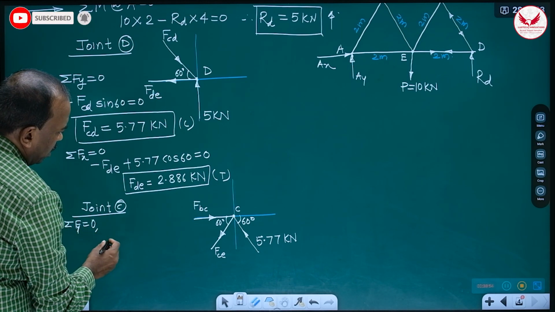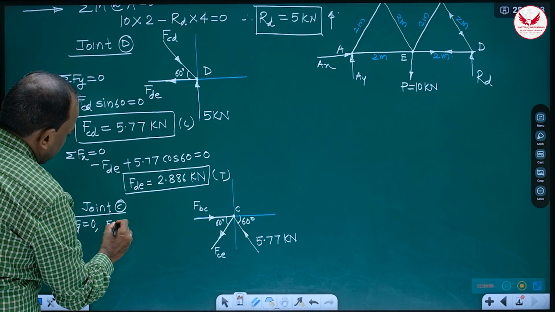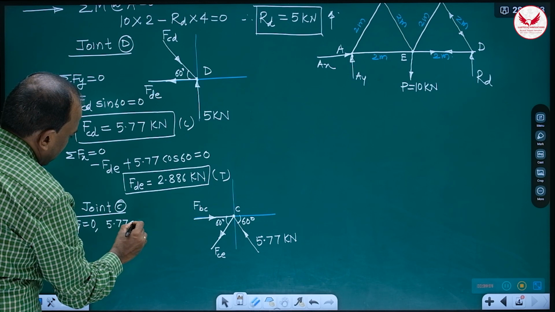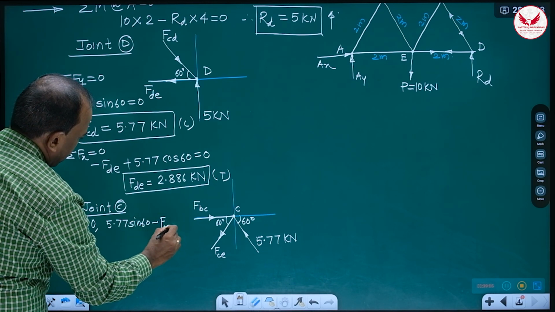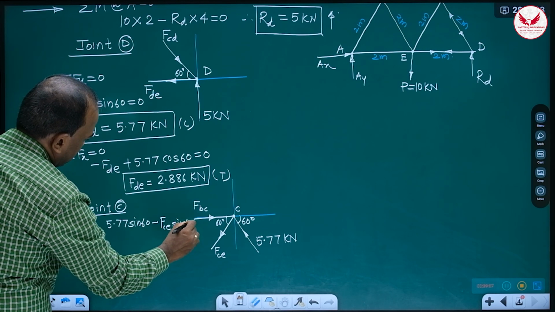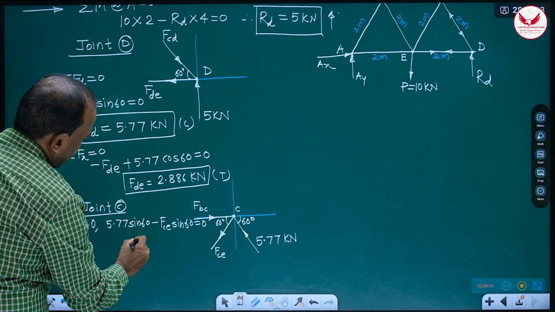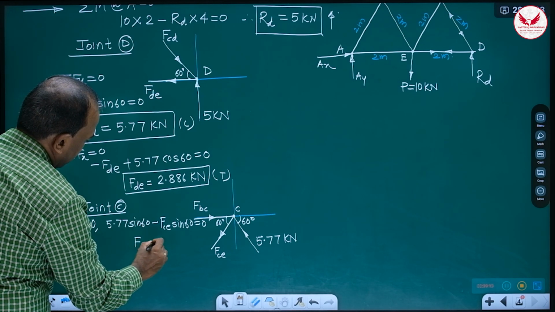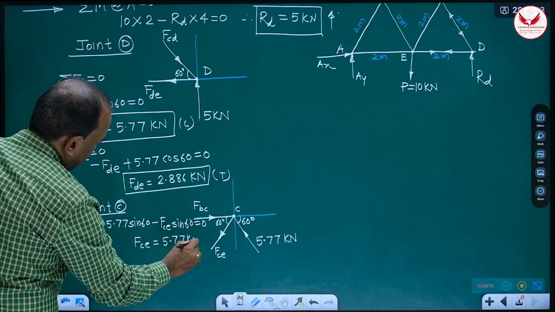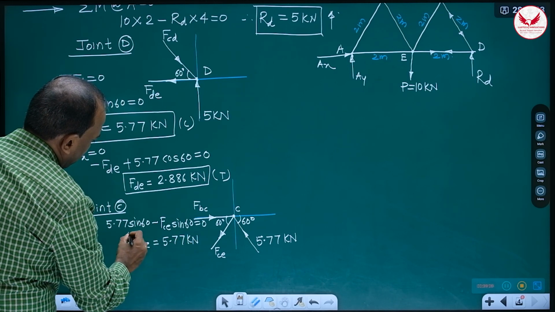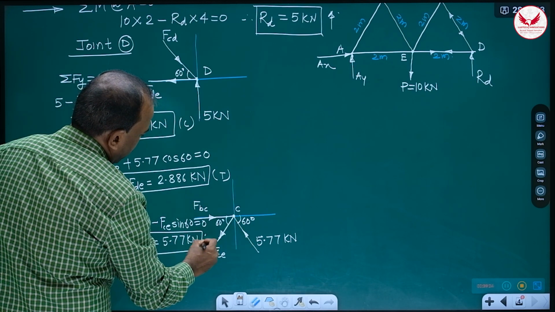And Fy is what? 5.77 sin 60 minus FC sin 60 is equal to 0. This sin 60 will get cancelled, and FC is 5.77 kilonewton only. So it was compression, now this is tensile.